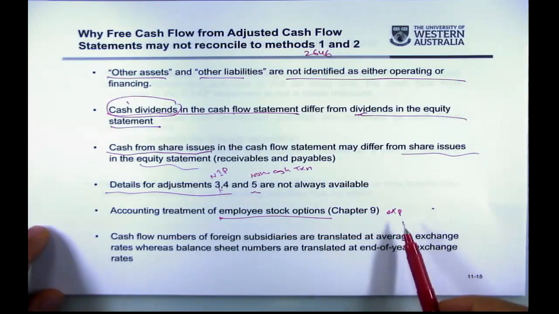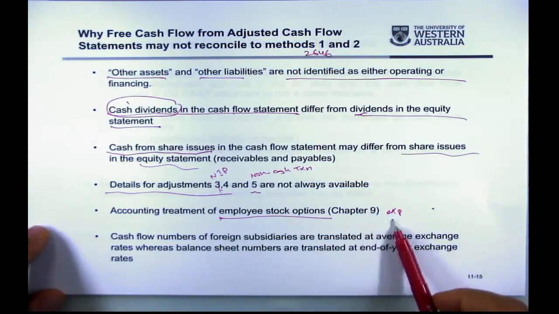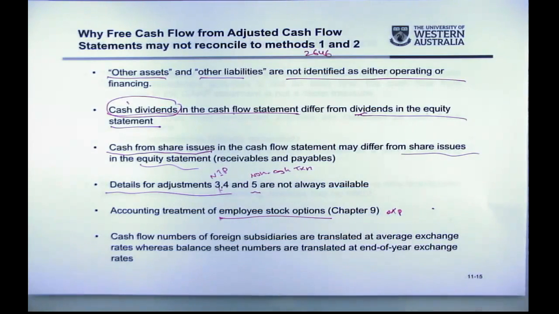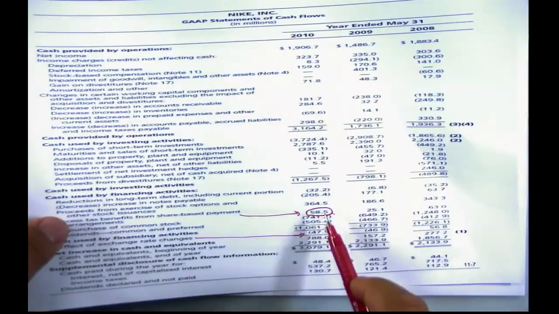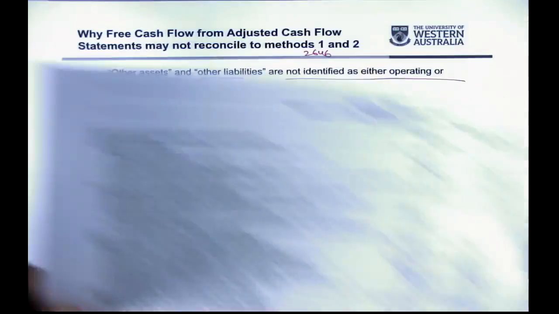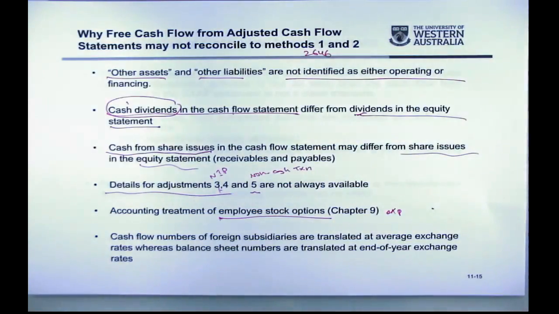So it wasn't an actual loss or cash loss. This amount was amortization of the initial values of these options over the vesting period. It wasn't an actual loss. You remember? But this figure is an actual loss. This is an actual loss when the options were exercised. Make sense?